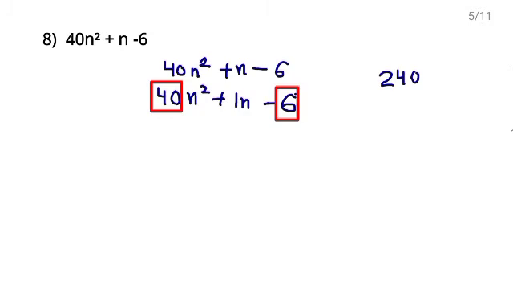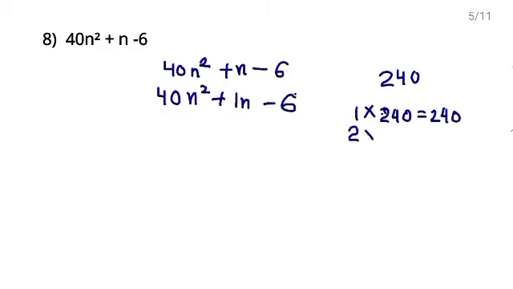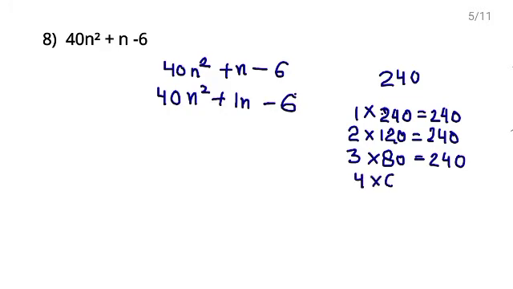Now find the factors of 240. 1 multiply 240. 240 by 2: 2 1s are 2, 2 2s are 4, 0, 120. 240 by 3: 3 8s are 24, 0. 240 by 4: 4 6s are 24, 0. 240 by 5: 5 4s are 20, 5 8s are 40, 240.